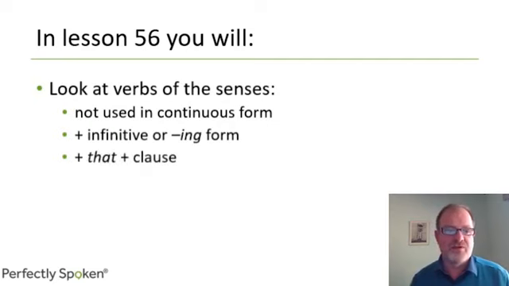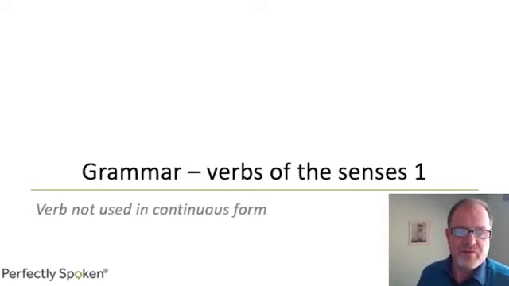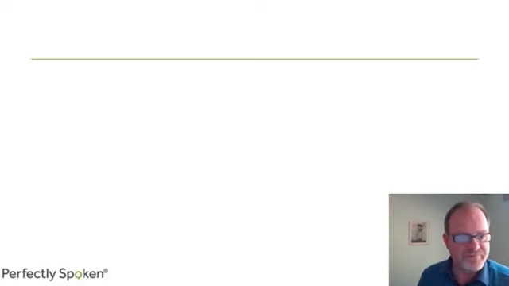And we'll also be looking at the verb plus that and a clause, that's subject and another verb, etc. In lesson 58, later in the course, we'll be looking at some other areas in terms of verbs of the senses. Okay, so first of all, we're looking at the fact that they are not generally used in a continuous form.